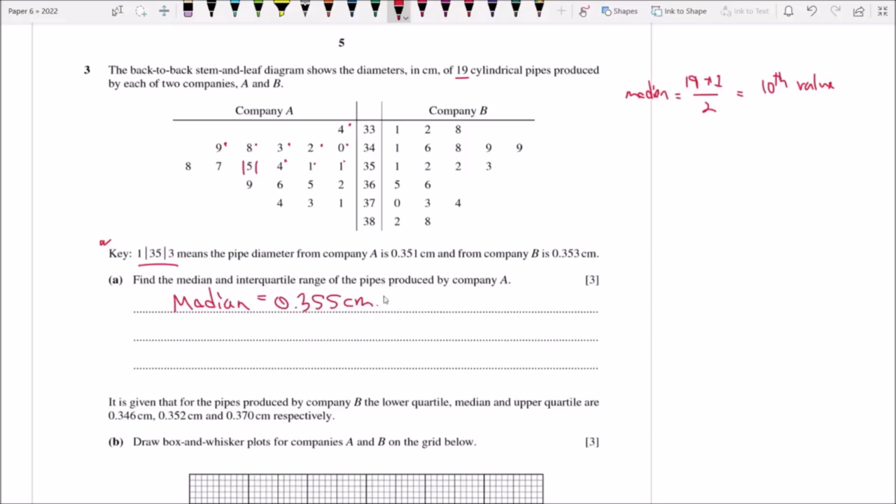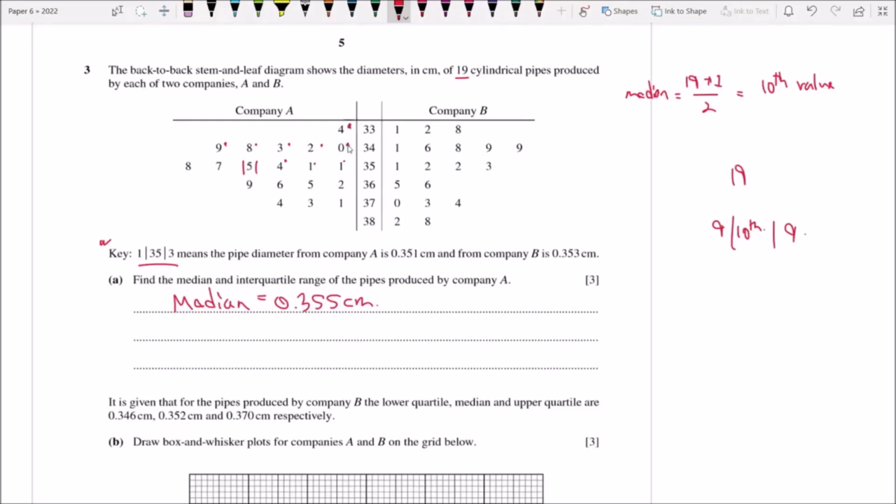Now about the interquartile range. There are 19 numbers, so how can you divide it? Basically you can exclude the 10th value. There can be 9 numbers on one side and the other 9 numbers on the other side. So for odd numbers you exclude the median, so that you can divide the data into 2 equal parts.